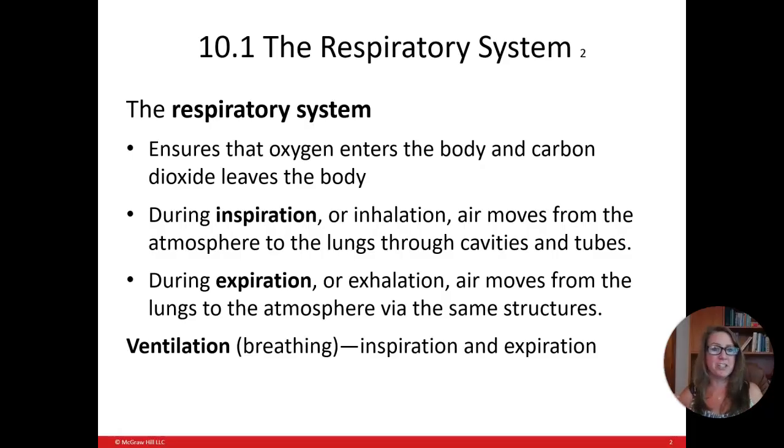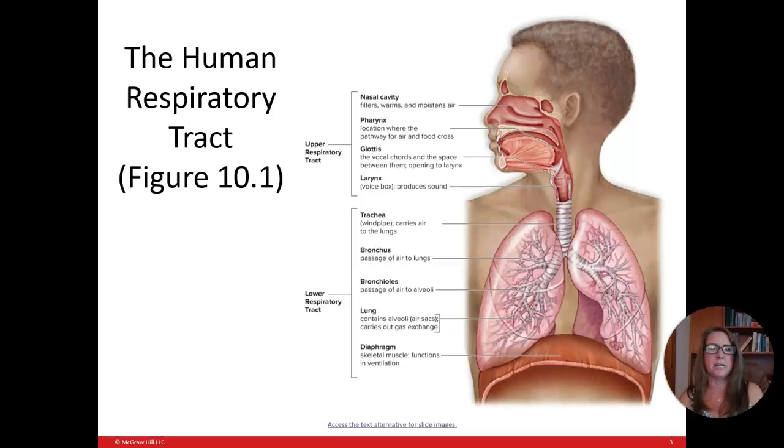Expiration or exhalation is really just the opposite. The air is going to move from the lungs, back up those tubes and cavities, and then out to the atmosphere. The act of breathing, so in and out, is called ventilation. So that's inhalation and exhalation, or if you like the words inspiration and expiration, you can use those instead. So let's take a quick look.